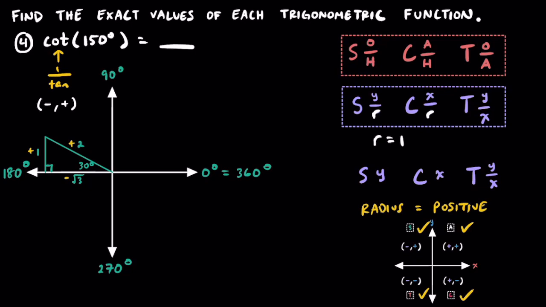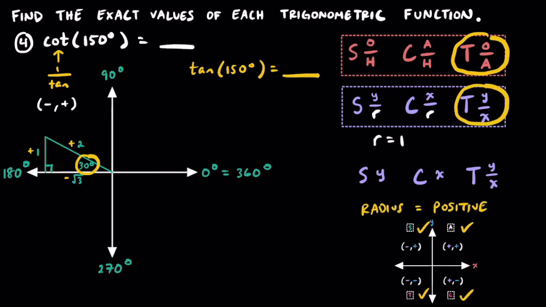So now that we have that down, if we're going to take cotangent of this trig function, let's really just simplify this and say, okay, let's find tangent of 150 degrees, and then we'll find the reciprocal of that. So tangent of 150, well, if we just find tangent of 30 degrees, we will be just fine, okay? Now tangent is going to be the opposite over adjacent, or we can also think about it as being the ratio of the y value over x value.